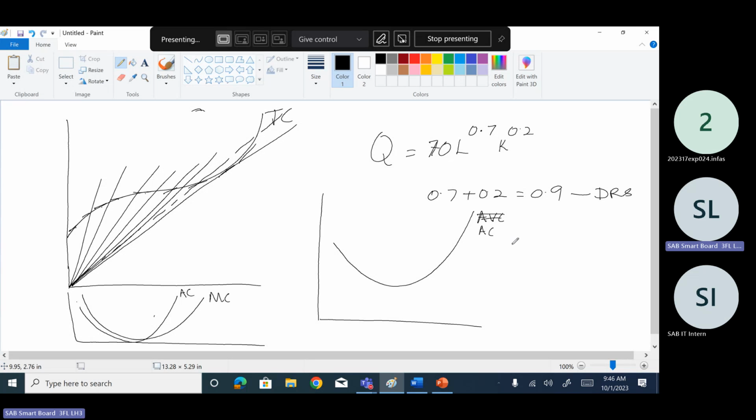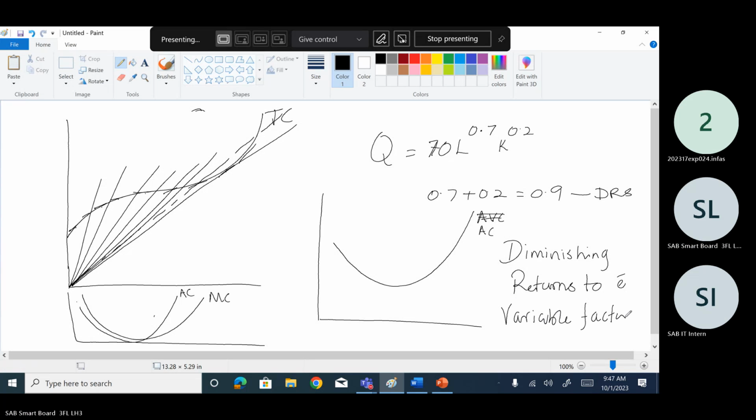Diminishing returns to the variable factor proportion.